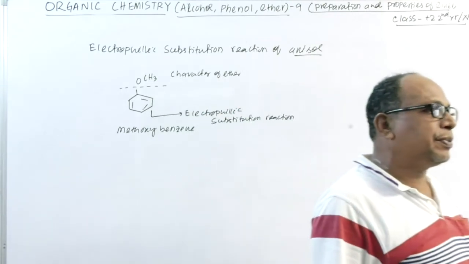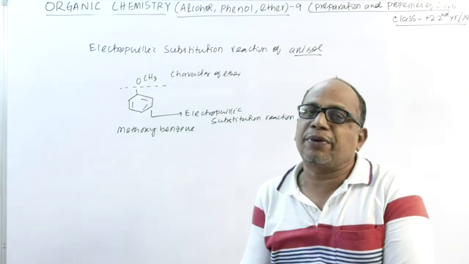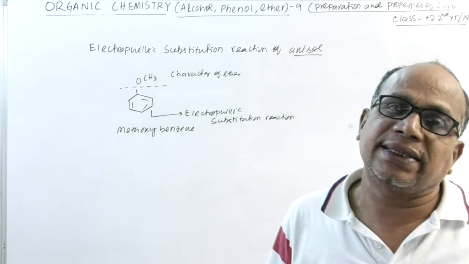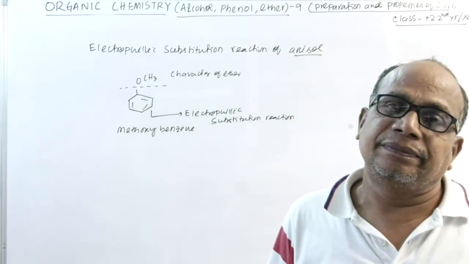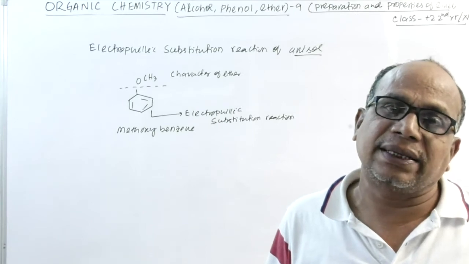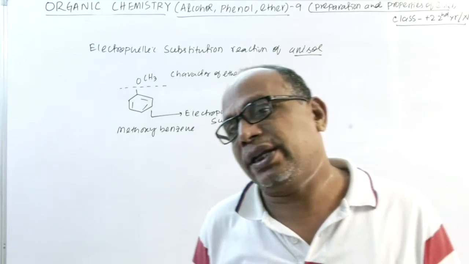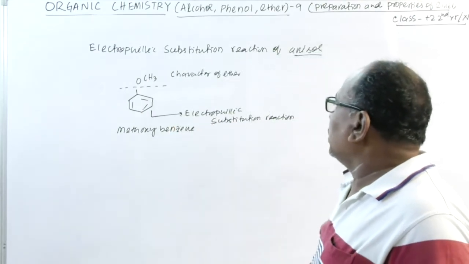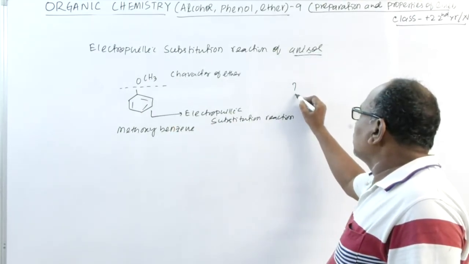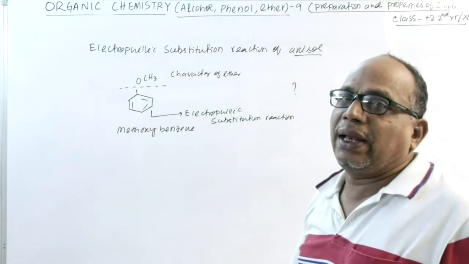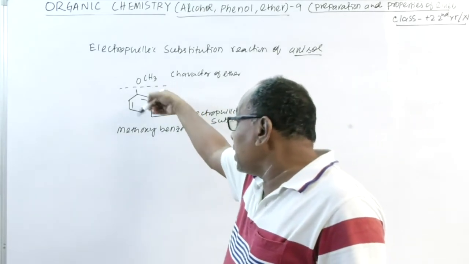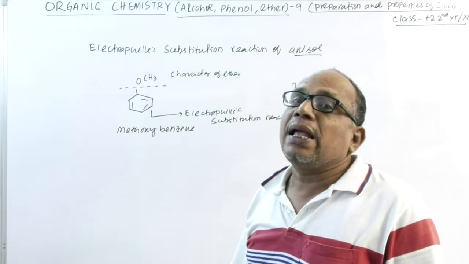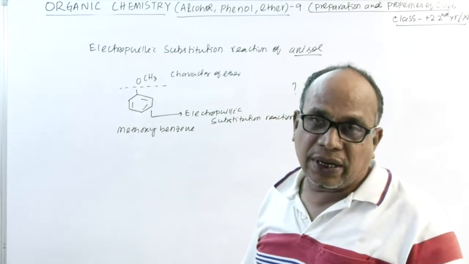What are the electrophilic substitution reactions? Halogenation, sulfonation, nitration, Friedel-Crafts reaction, just as shown in the case of phenol. So the benzene ring of anisole shows electrophilic substitution reactions, where the electrophile is substituted at particular positions.